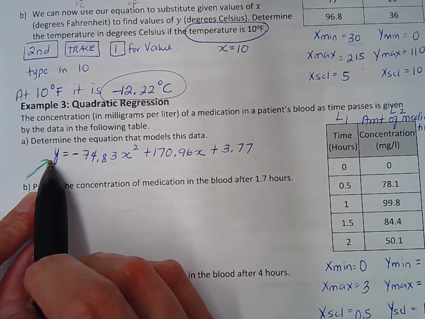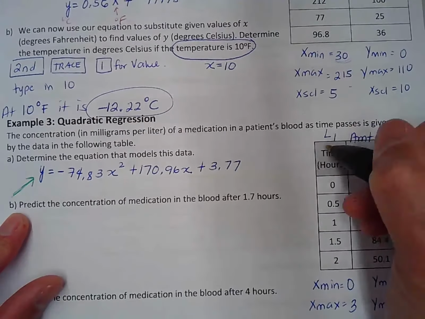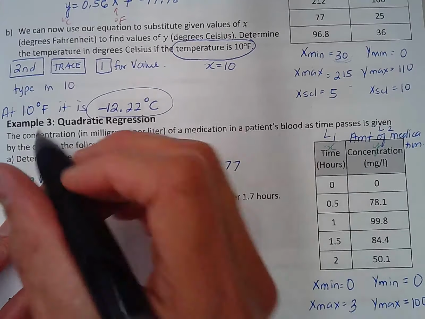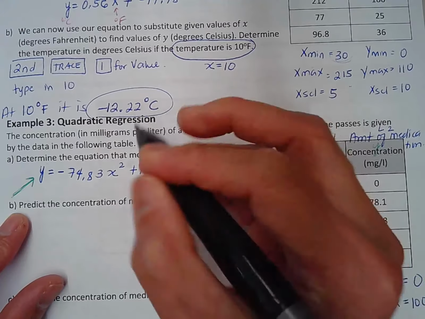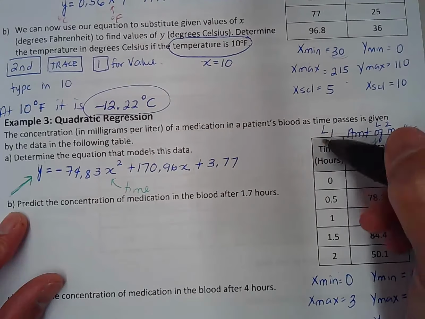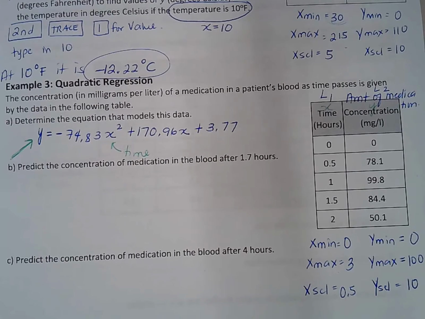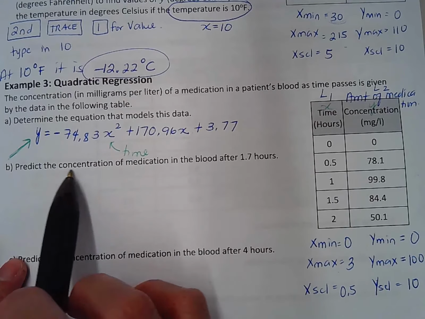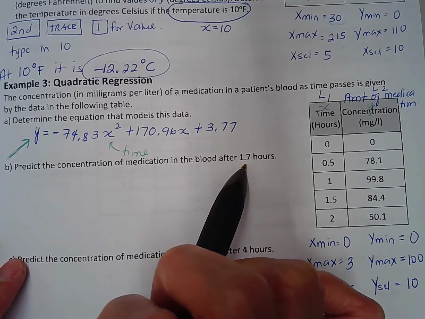The y is the concentration. This is your x and then the y. So y is the concentration. What does the x represent? The x represents the time in hours. So we're going to use our regression equation to figure out the amount of medication after 1.7 hours.